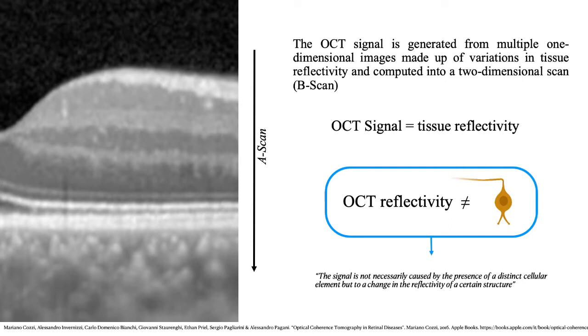But what is really important to understand is the OCT reflectivity doesn't reflect a singular cell type. In fact, the signal is not necessarily caused by the presence of a distinct cellular element, but by a change of reflectivity of certain structures.